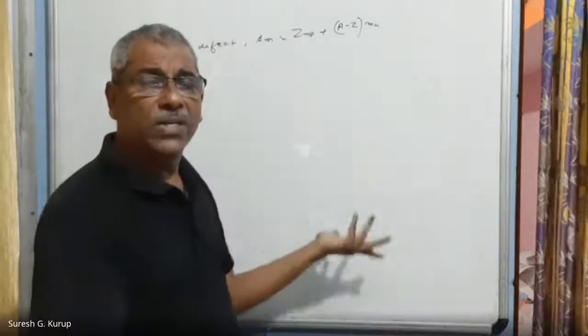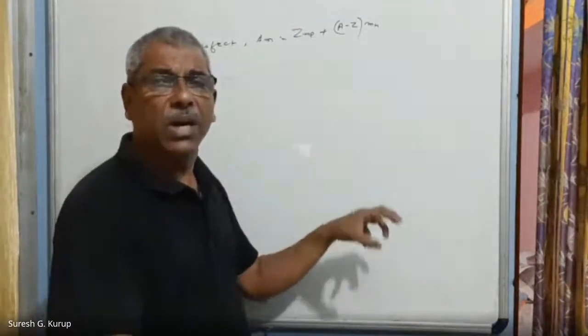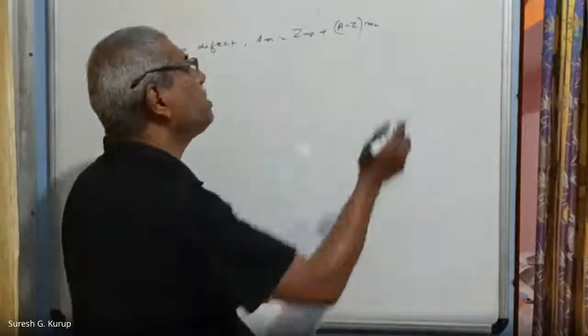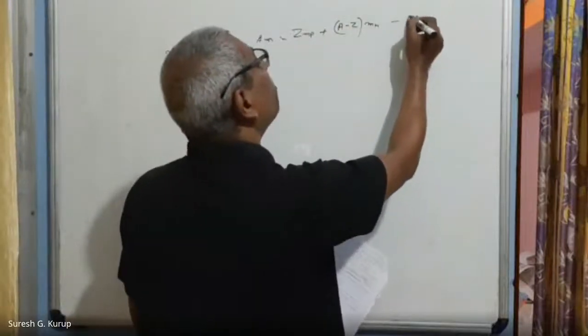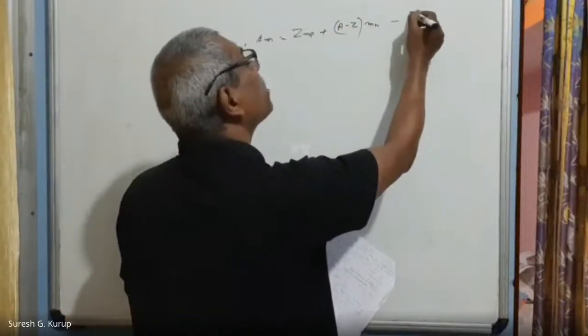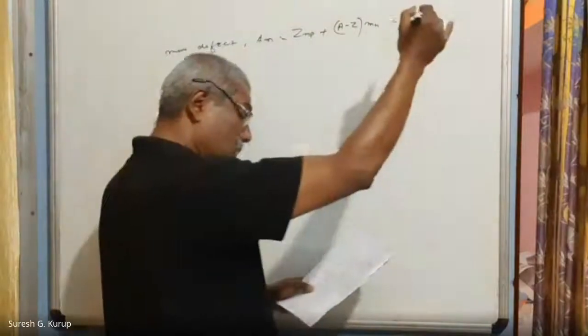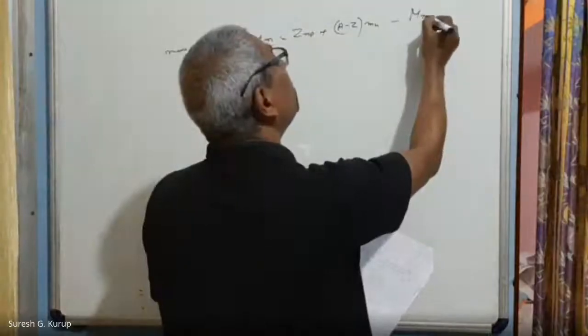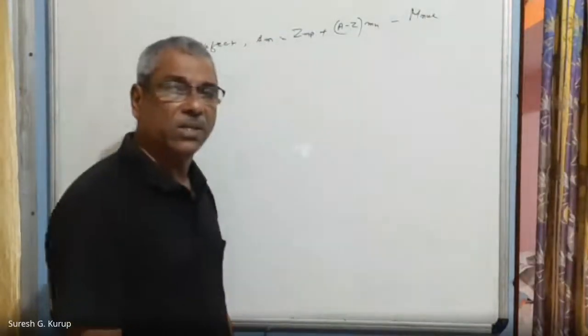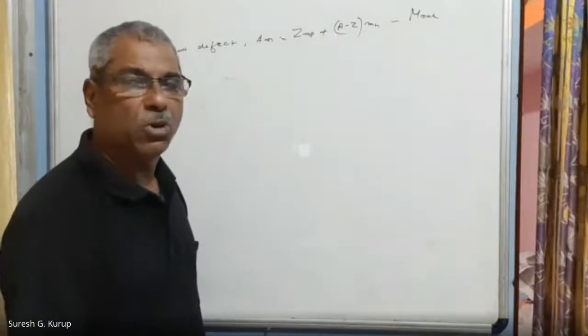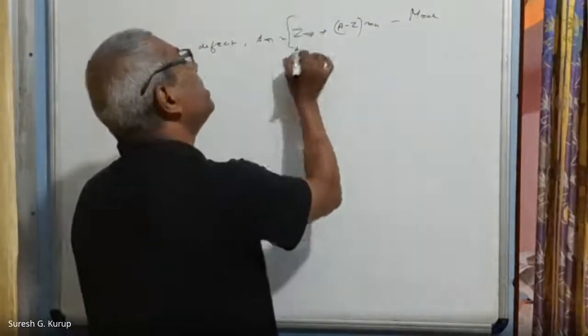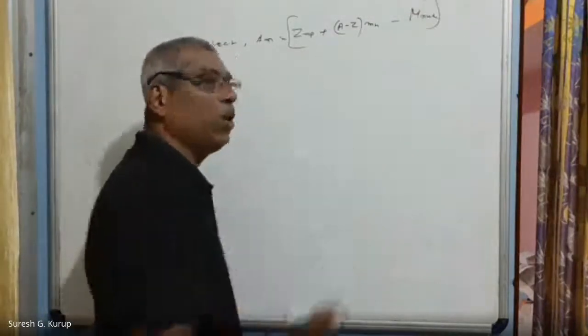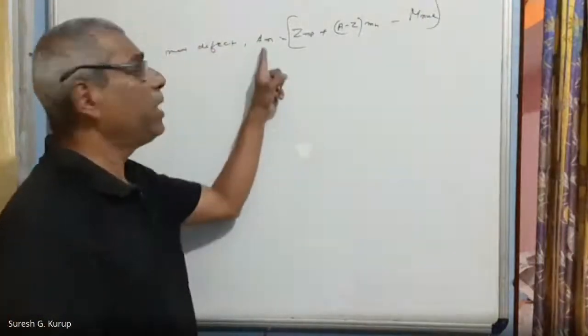This is always greater than the mass of the assembled nucleus. If from this the mass of the nucleus is subtracted, there is a small value you will get. That is what is called delta M.